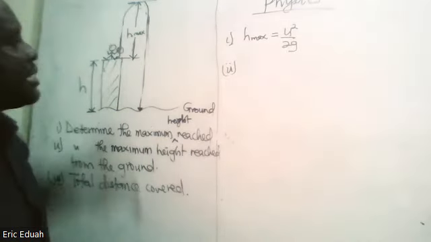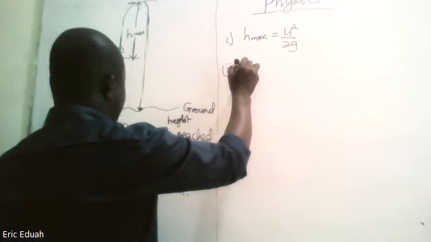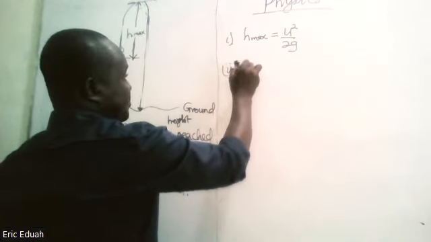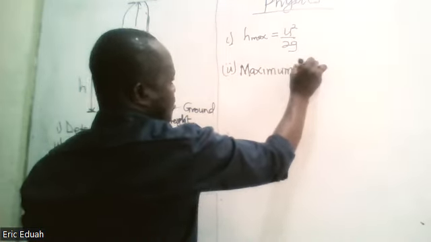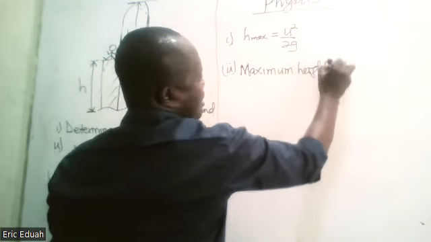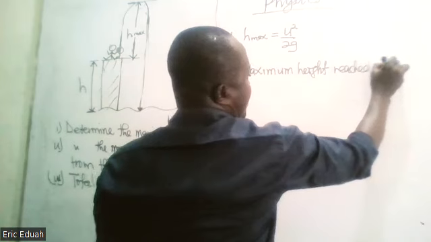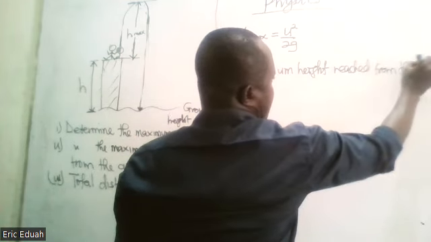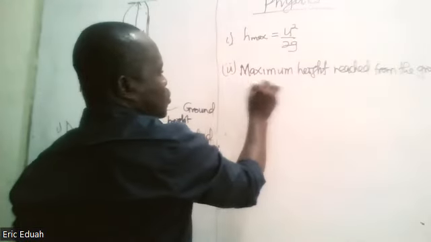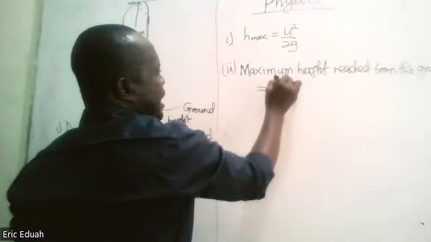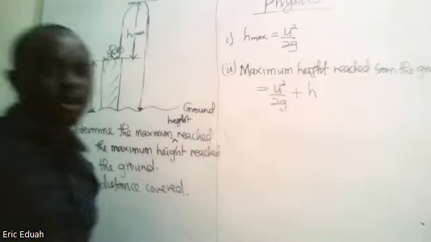Okay, so the maximum height reached from the ground would be equal to U squared over 2g plus the height h of the tower.